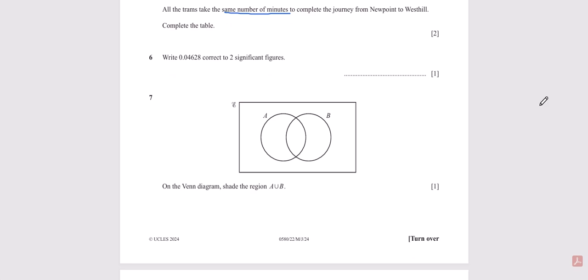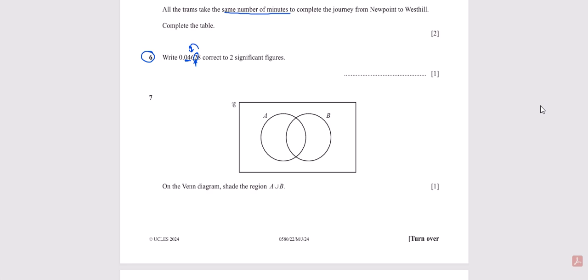Question number 6. Write 0.0462 correct to two significant figures. Two significant figures means that after the point, the 2 numbers are this number, okay, and third number is 6. Now we check that after this number is 2. If this number is 5 or greater, we add 1 to this number.